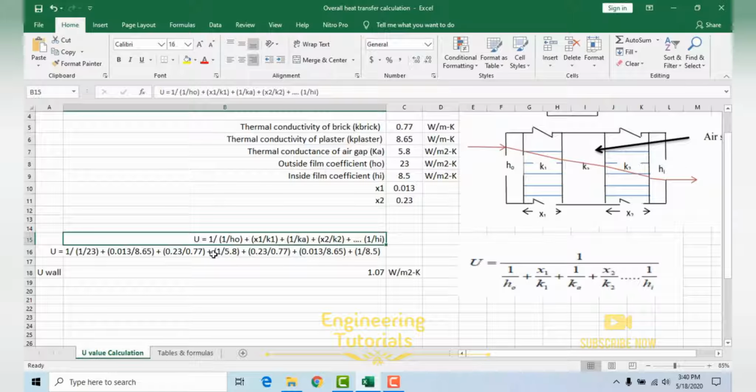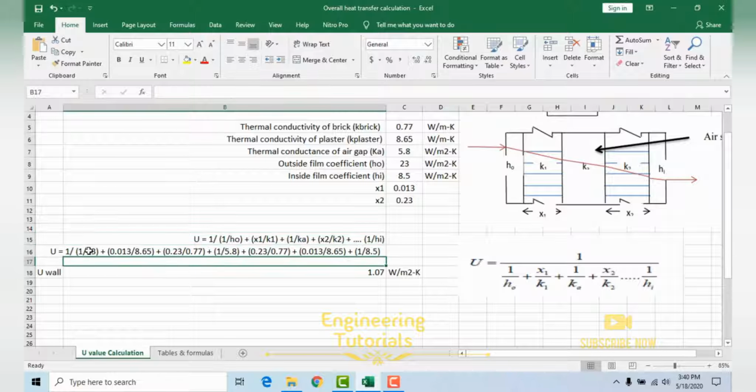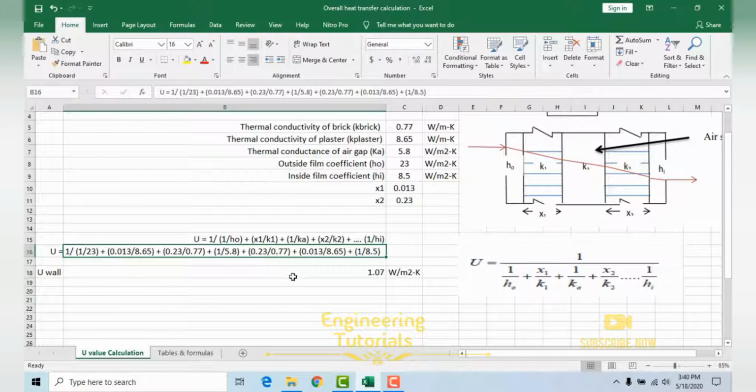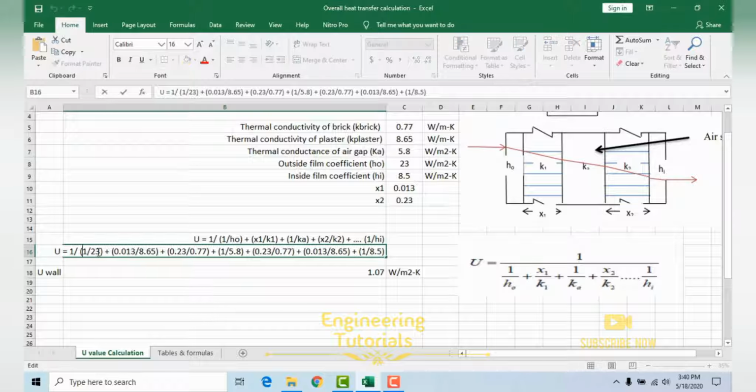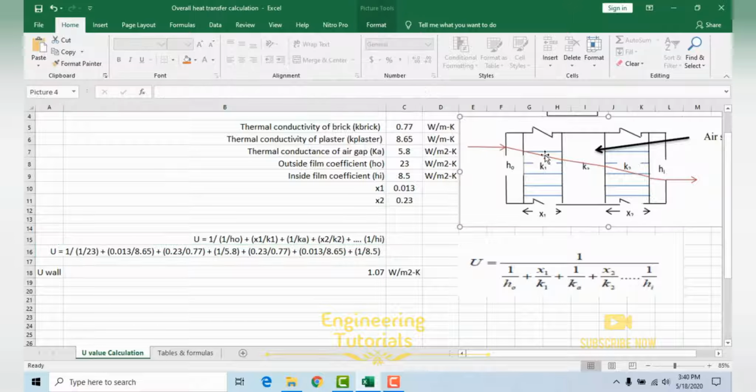So this is the formula, 1 divided by 1/H0. If we are going to put the values over here, H0 is given as the outside film coefficient, 23, so we use 1/23, plus the second term. If you see, this is the wall composition over here. Then we have sand cement plaster over here, then we have brick.